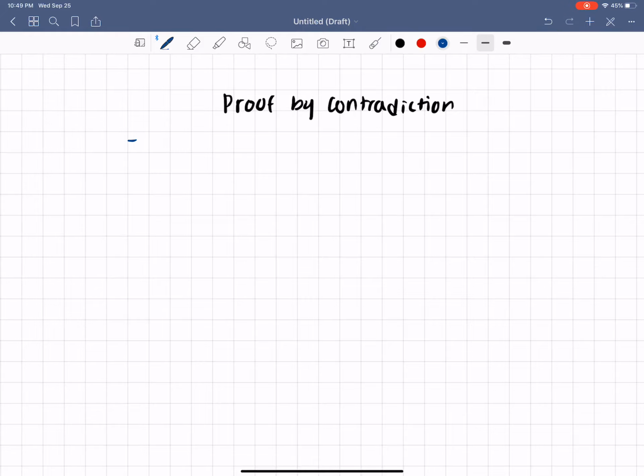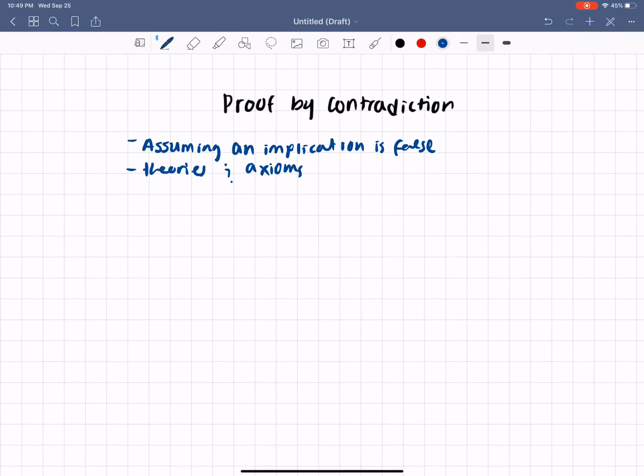First, it works by assuming an implication is false, and it also works by using theories and axioms to arrive at a contradiction.